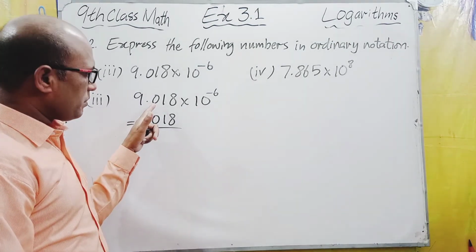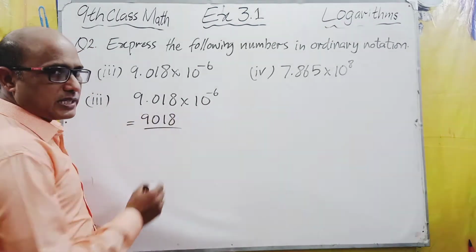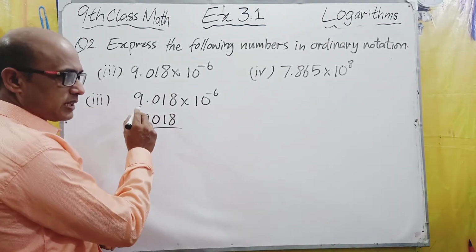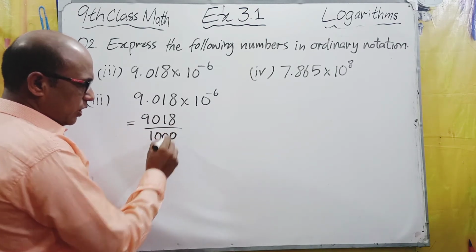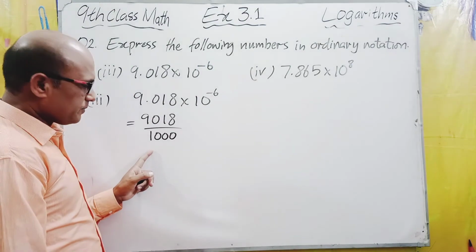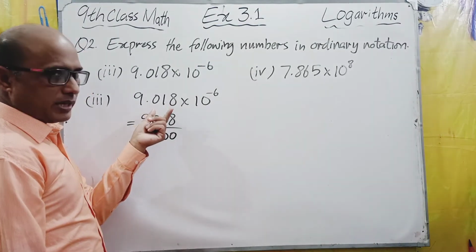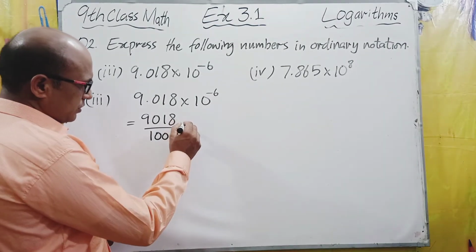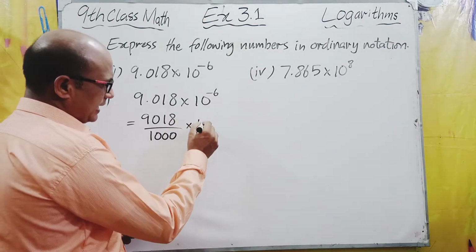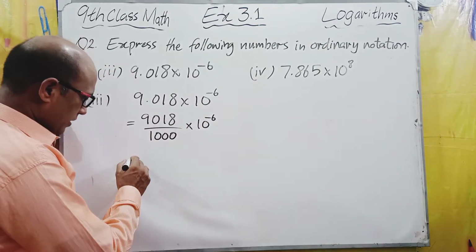There are 3 numbers, 1, 2, 3. So as many numbers as there are after the decimal, we'll write zeros along with 1. There are 3 numbers, so we'll write 1000, multiplied by 10 raised to the power minus 6 as it is.